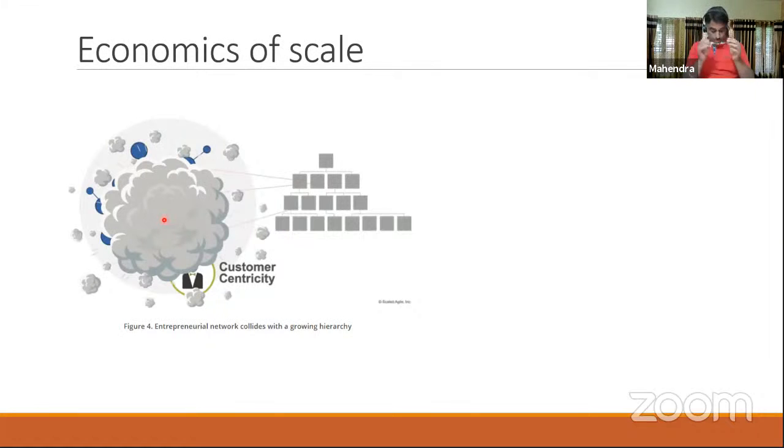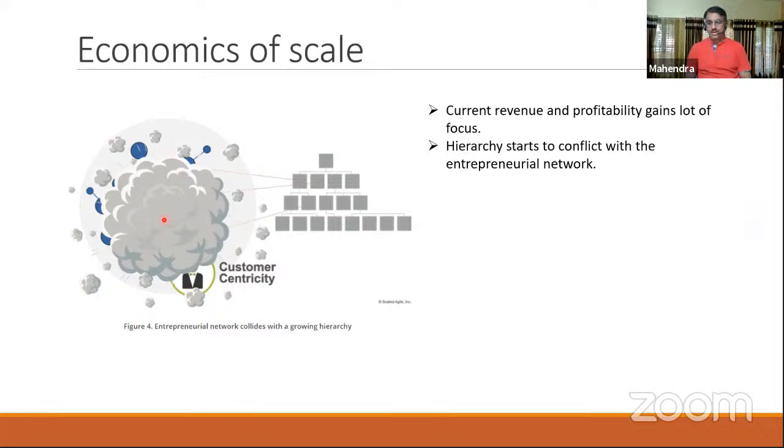However, when it gets very large and the organization needs to take the benefit of economies of scale, the revenue and profitability start getting more focus. Then the hierarchy starts conflicting with the entrepreneurial nature of the organization itself.